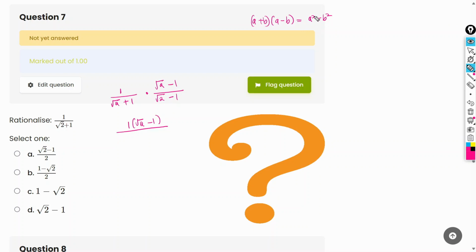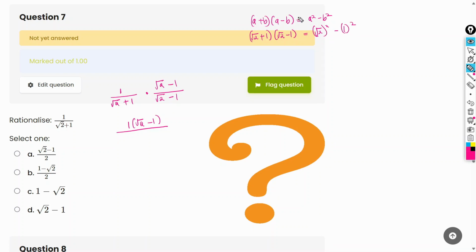Rather, the difference of two squares, a squared minus b squared, can be written this way. So if I have square root of 2 plus 1 times square root of 2 minus 1, then my answer will be square root of 2 squared minus 1 squared.